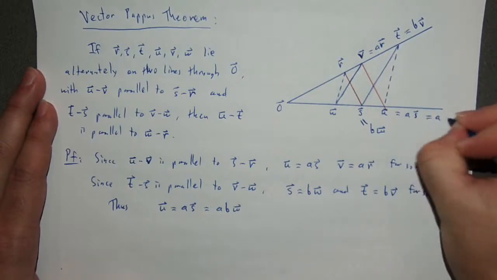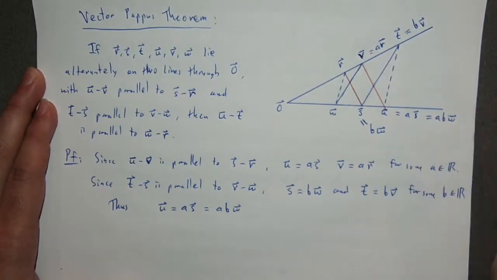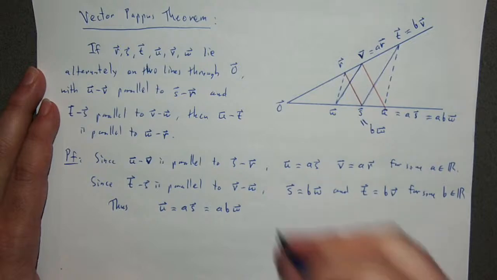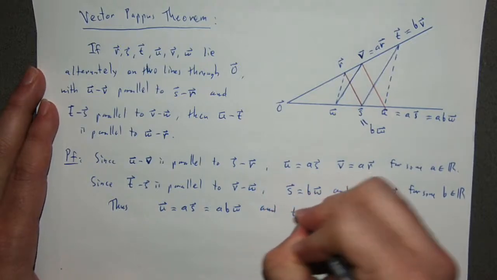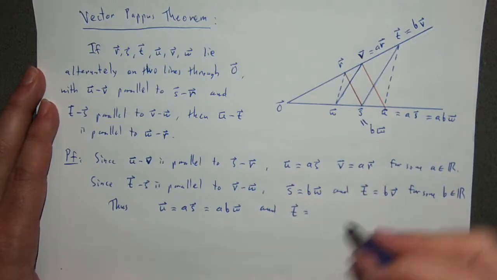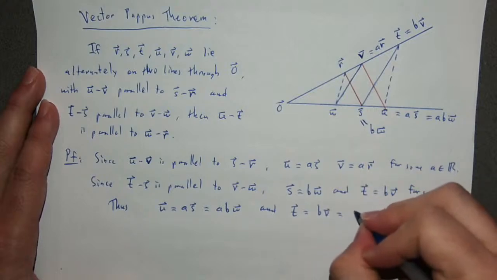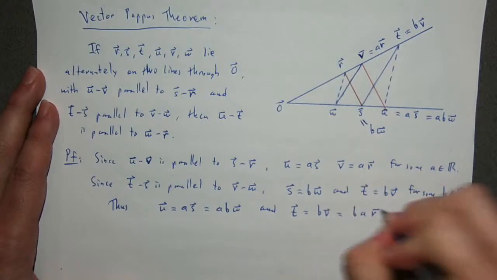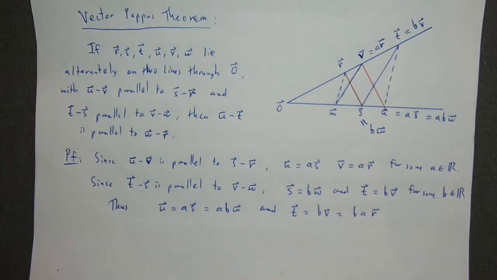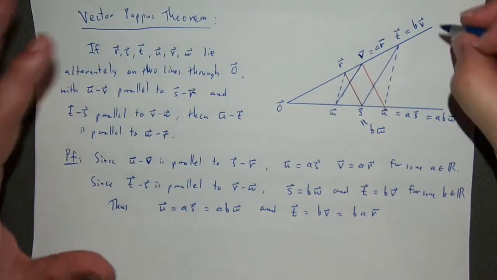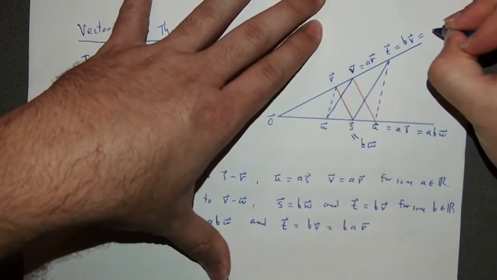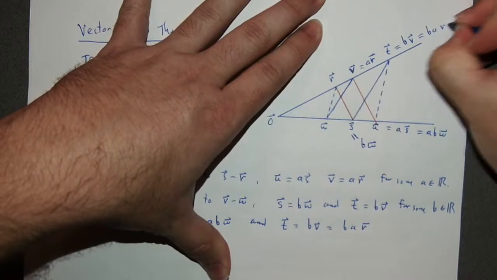This is ABW. And T is BV, but V itself is AR, so this is BAR. So again, filling this out, this is BAR.